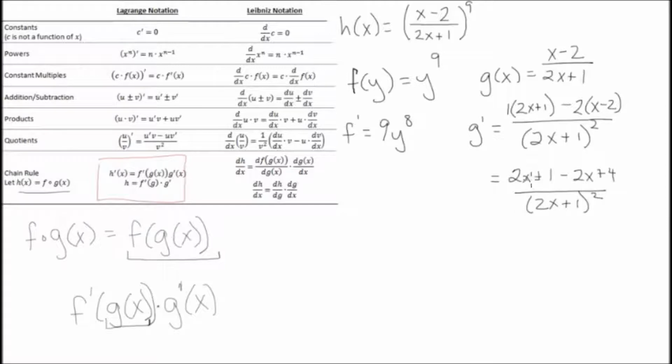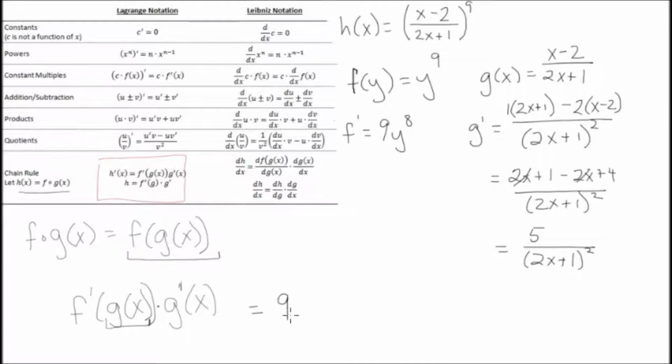I'll do a final step of cancellation. Notice that my 2x's cancel out, and I'm left with 5 on the top. So that's equal to 5 over 2x plus 1 quantity squared. And the final step, I'm going to apply the chain rule. I look up at my derivative of the first function.